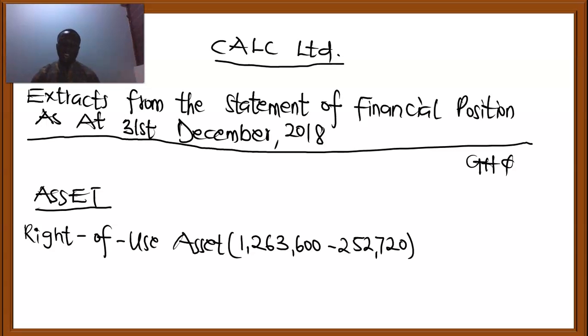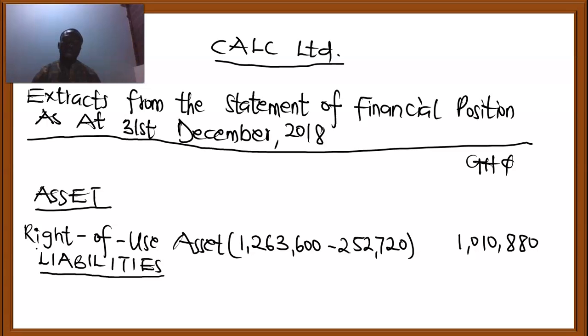And that gives us a carrying amount in respect of the right of use assets of 1,010,880. Then we go to our liabilities. So we have current lease liability, and the non-current lease liability.